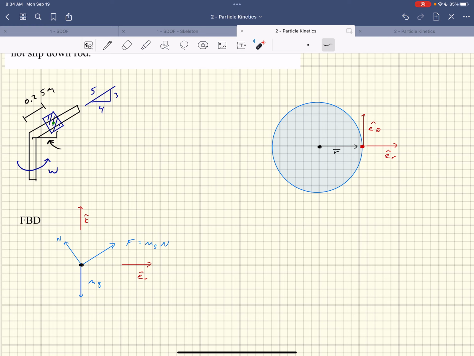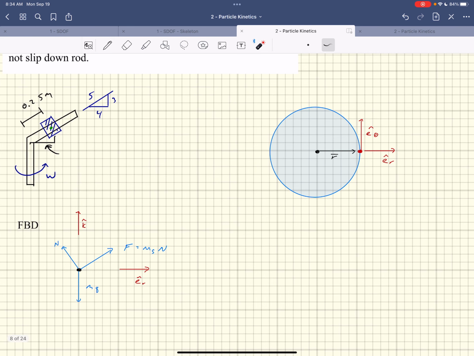If I was over here looking back, then you're right, E theta would be doing that, but it would be weird, because some of those forces would be acting in weird places. You'd be looking at it straight on, with the collar coming right at you. It'd be kind of a weird way to do it. So it's important to get that.